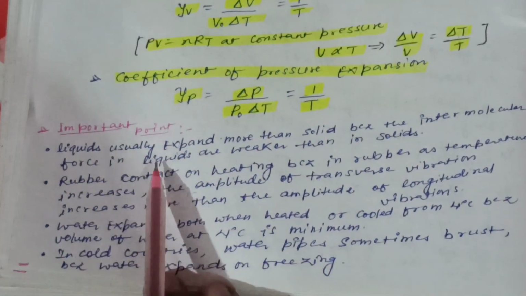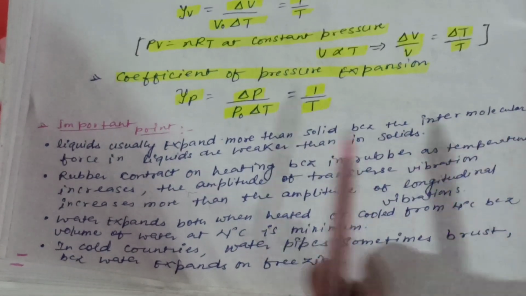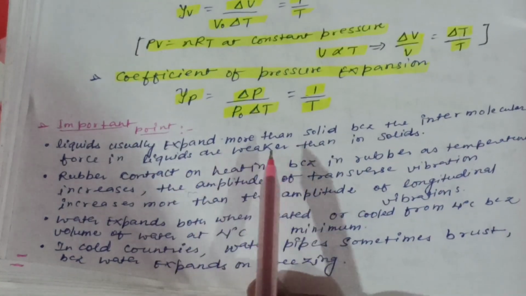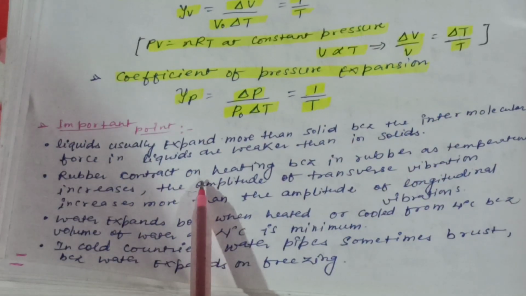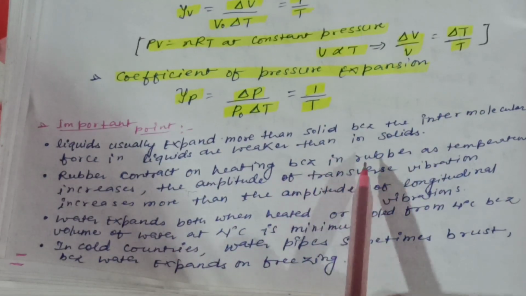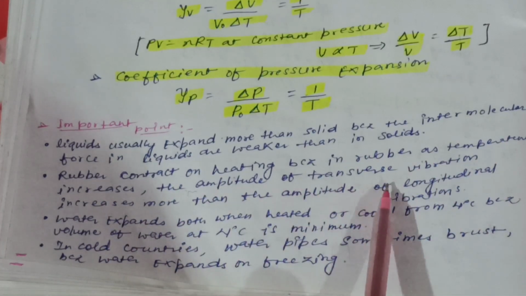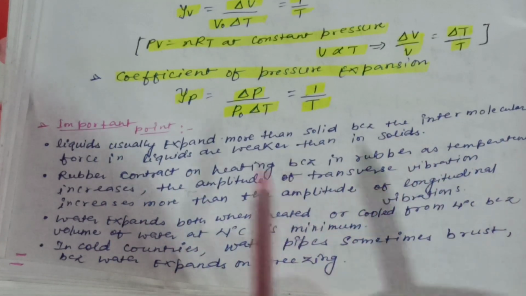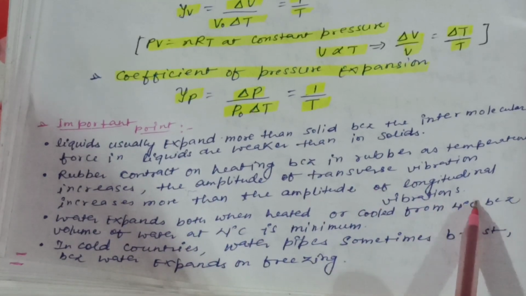Important points: liquids usually expand more than solids because the intermolecular forces in liquids are weaker than in solids. Rubber contracts on heating because as temperature increases, the amplitude of transverse vibration increases more than the amplitude of longitudinal vibrations.